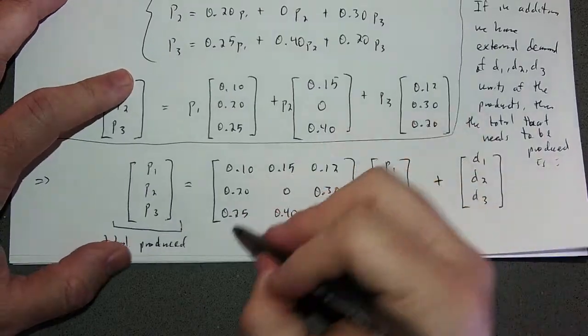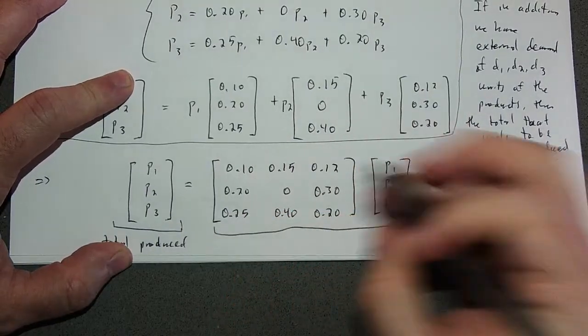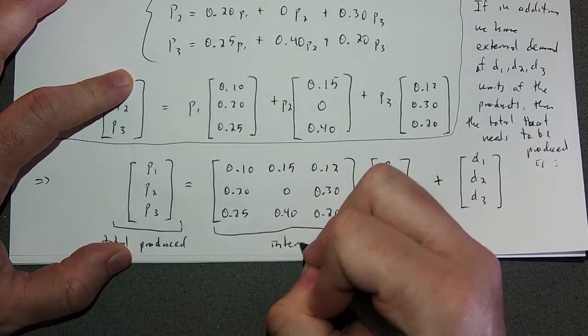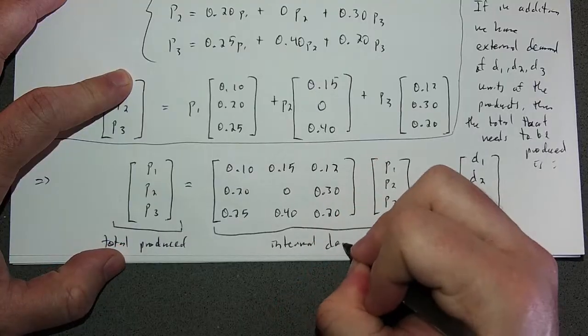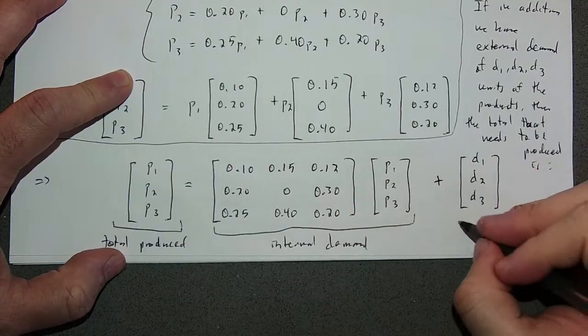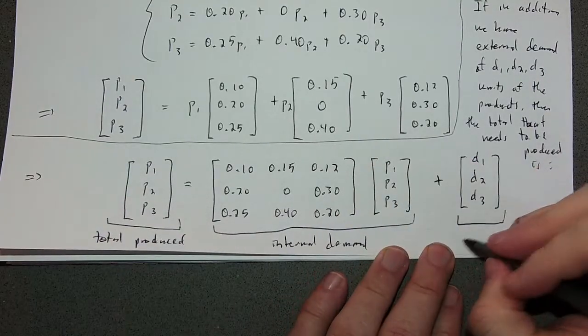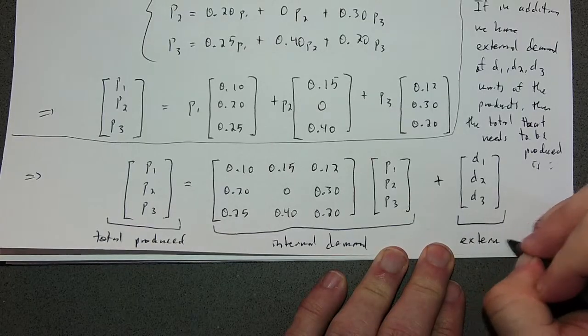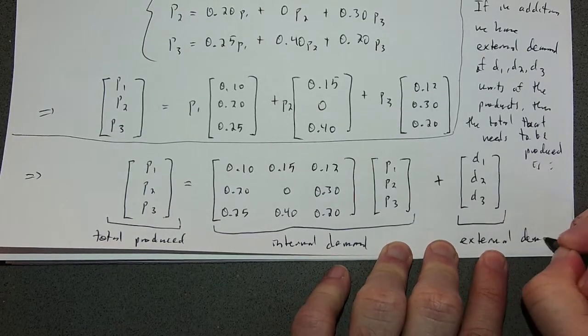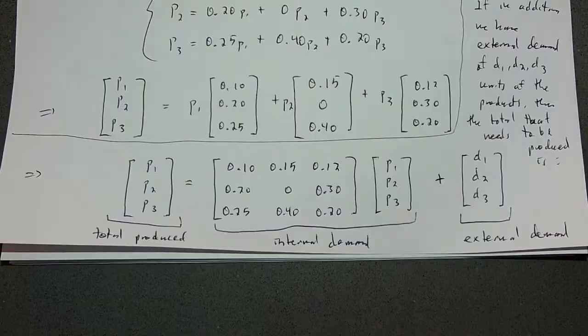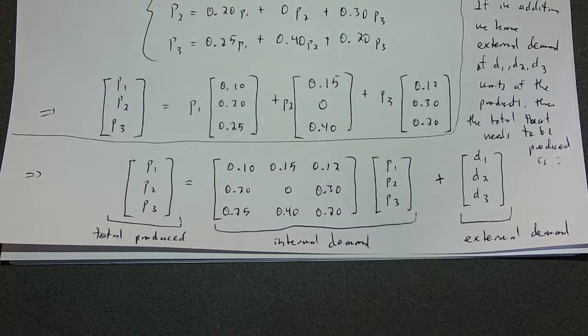This is the internal demand. And this is the external demand. Okay. This allows us to see the general form that this model takes.